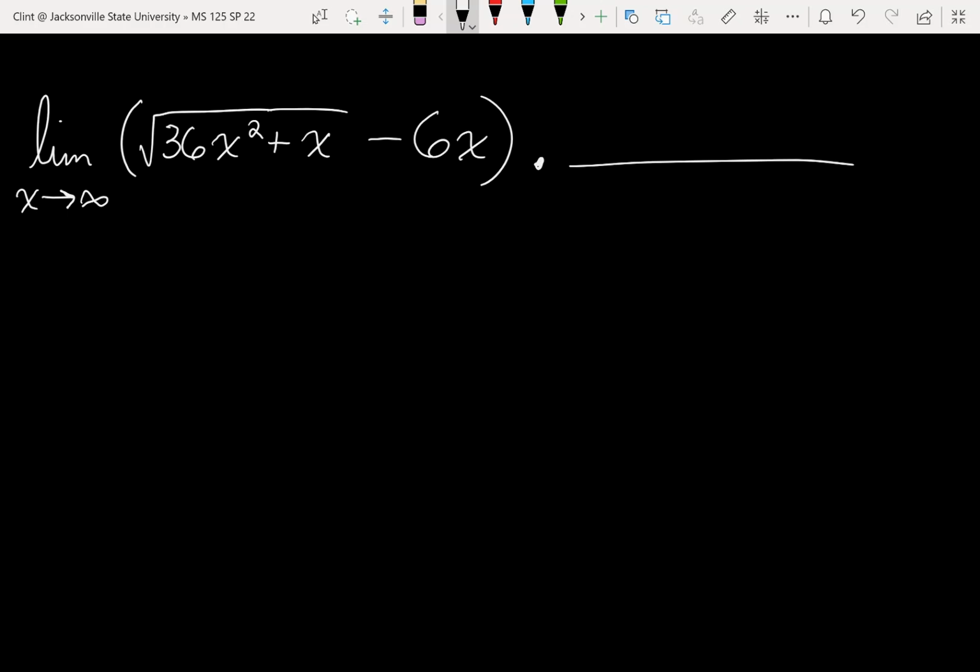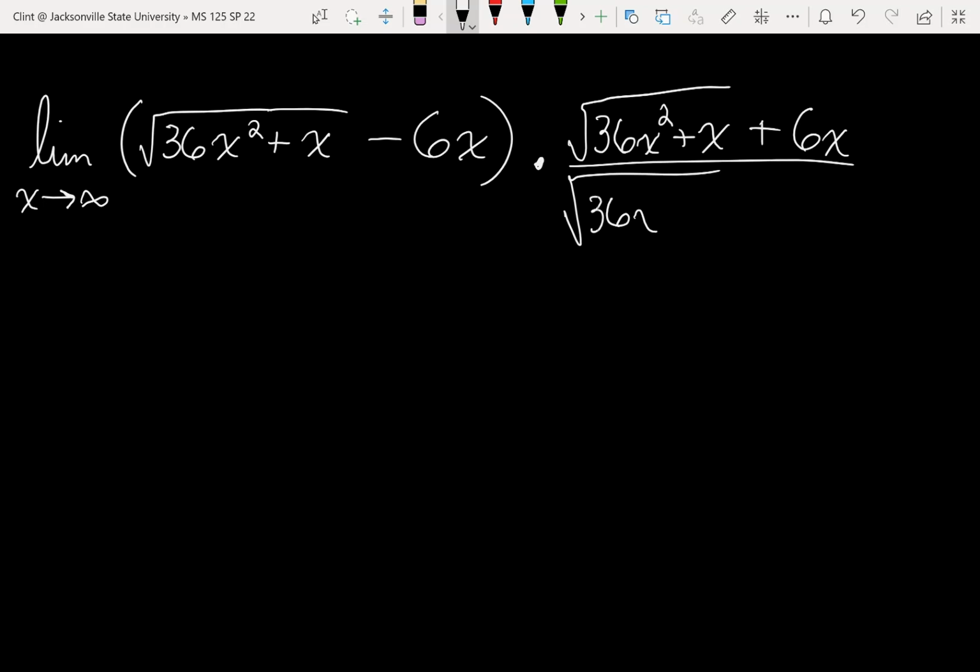So we're going to multiply by square root of 36x squared plus x plus 6x over itself. Square root of 36x squared plus x plus 6x.